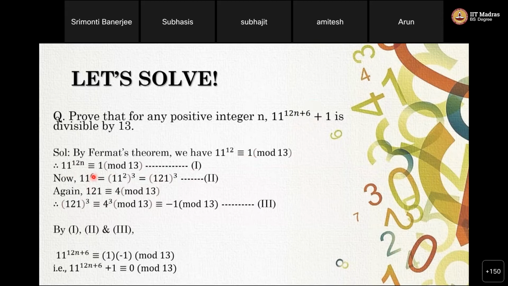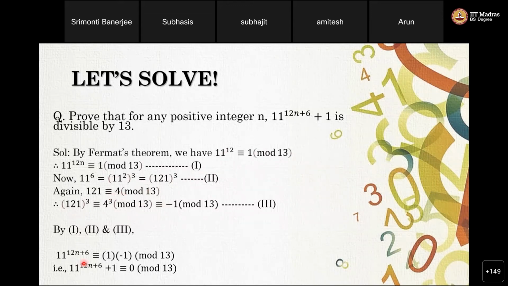So 11 power 6 equals 11 square whole cubed, right? Which is 121 cubed. Again, 121 is congruent to 4 mod 13. So if we raise both sides to a power of 3, we get 121 cubed congruent to minus 1 mod 13 after evaluation. This is a pretty simple calculation.